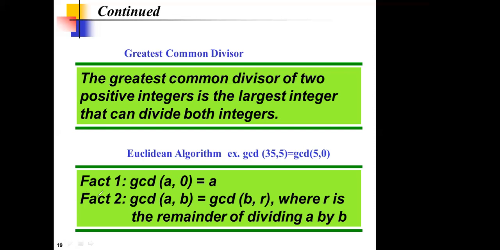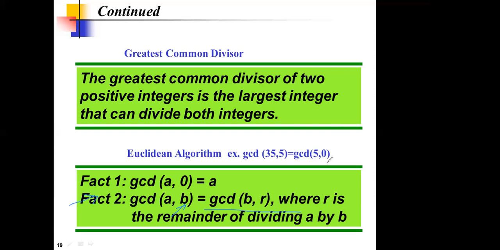This is the important property: GCD of A and B, we can write in terms of GCD of B and R, where R is A mod B, the modulus of A divided by B. That's an interesting property.